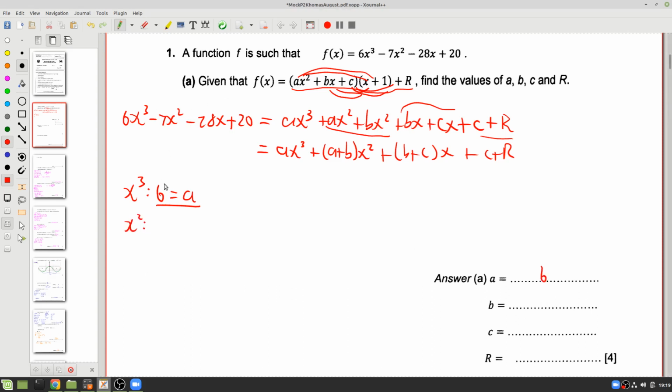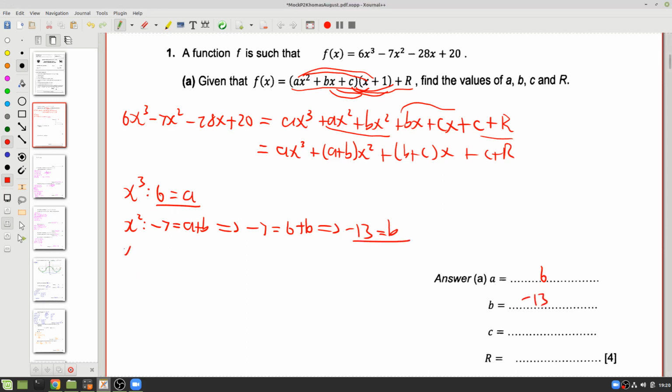So here we have for x squared, negative 7 is the coefficient there. And the coefficient over here is a plus b. But we already know what a is, so we've got negative 7 equals 6 plus b. And then we can just take over the 6 to the other side, subtract 6, so negative 7 minus 6 is negative 13. And all that's left on the right hand side is the b. So b is negative 13.